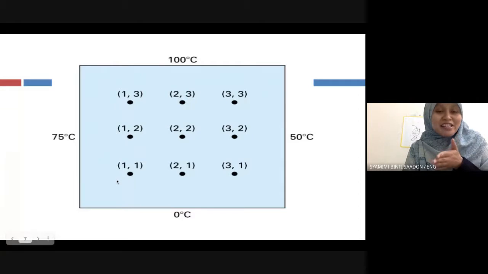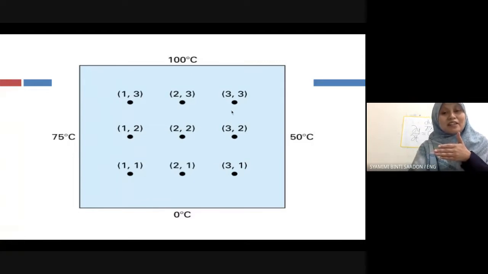Not x, we use ij just now. So i1 j1, i2 j1, i3 j1, etc., along the x and y axis until 3, 3. So this must be i3 j3. Imagine these nodes.